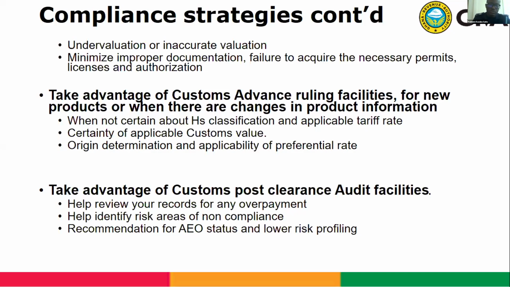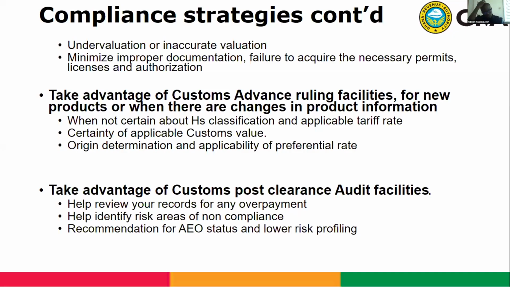It will also ensure your origin is determined and you enjoy your applicable preferential rate. Therefore, the customs advance ruling is one of the processes in place when a trader wants to ensure he or she is compliant by taking proactive steps to acquire such a ruling before the arrival of the goods.